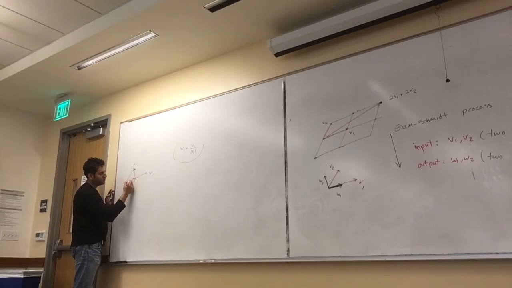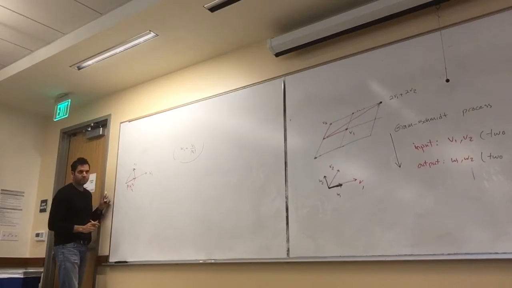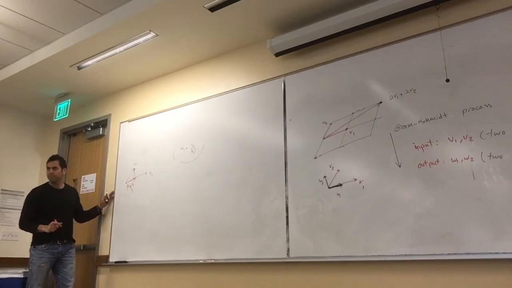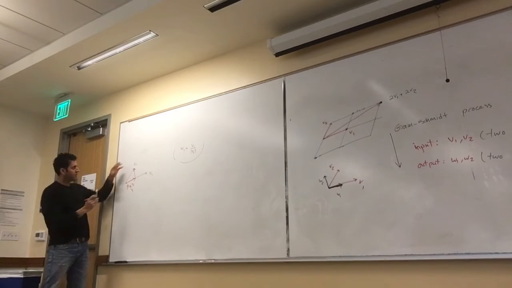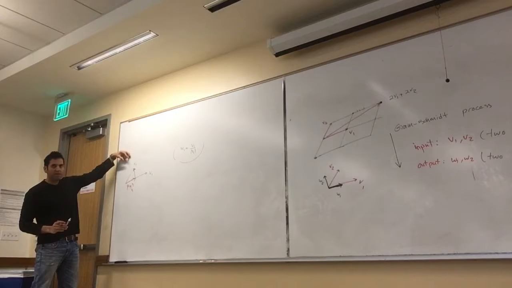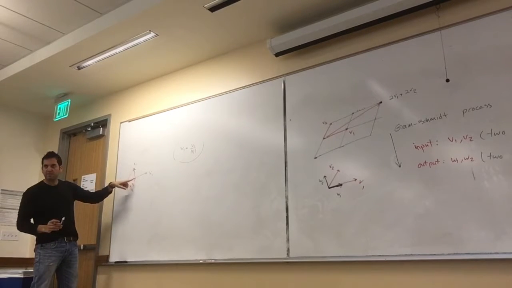This portion is called the projection of V2 onto V1. If you remember, last session we wrote a short function to take the projection of one vector on another. Imagine you have some sort of light up here. If you shine down, where is the shade? The shade is down there.